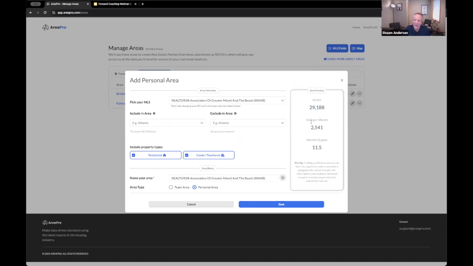So 29,000 listings in that MLS. That's massive. That is just a ton of data. I could click save right now and generate a real estate market overview for all 29,000 of those properties, and we'd get the 30,000 foot view. But that's really not that helpful if I'm talking about a specific seller context. So let's go to Miami-Dade County.